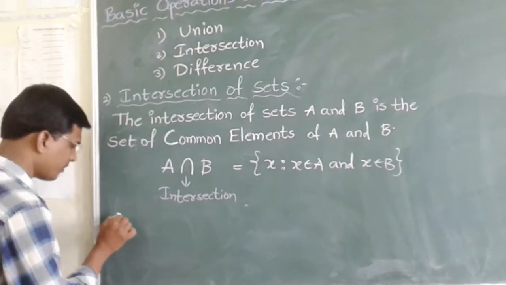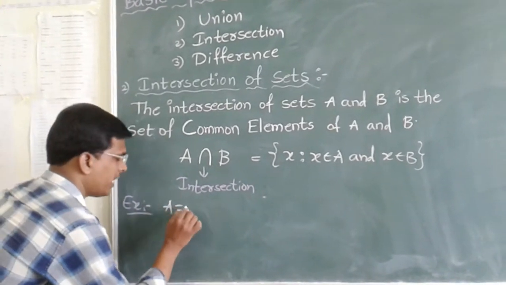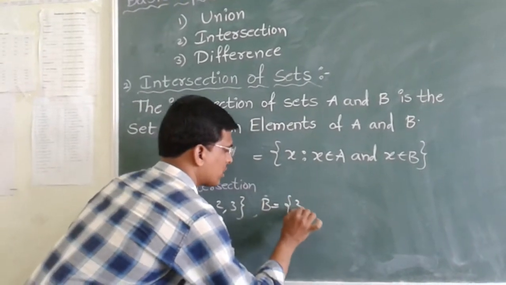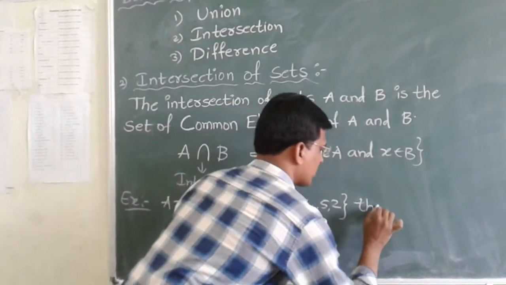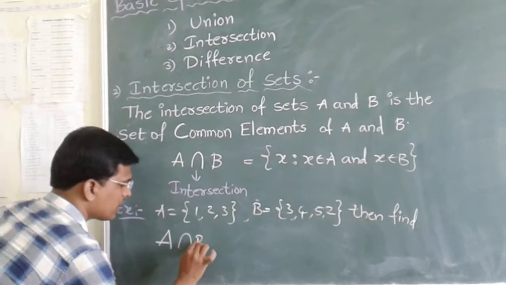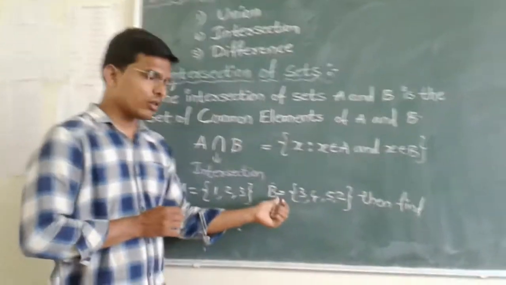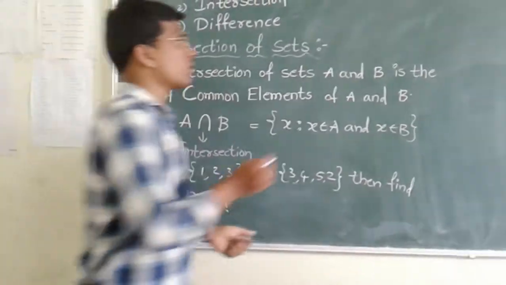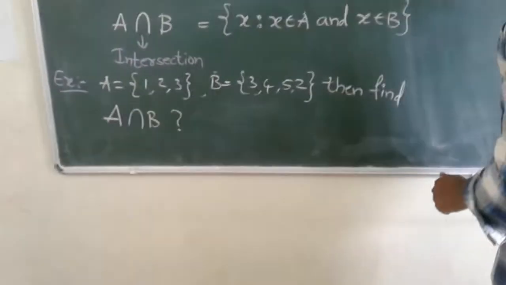So for example, if A is equal to {1, 2, 3} and B is equal to {3, 4, 5, 2}, then find A intersection B. In the solution, first write what is given.